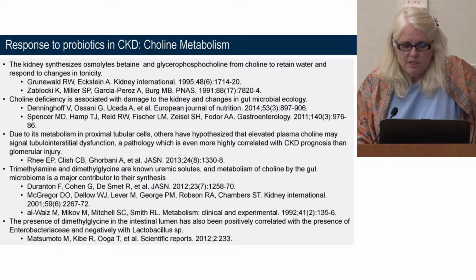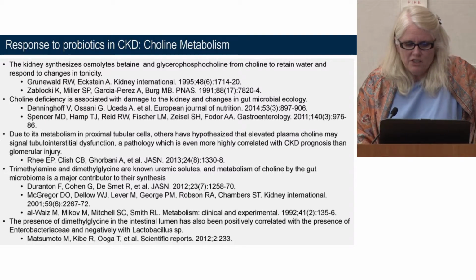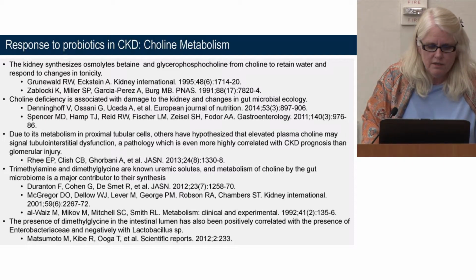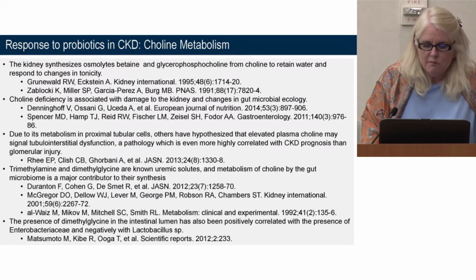Due to its metabolism in proximal tubular cells, others have hypothesized that elevated plasma choline may signal tubular interstitial dysfunction, a pathology which is even more highly correlated with chronic kidney prognosis than glomerular injury. Trimethylamine and dimethylglycine are known uremic solutes, and metabolism of choline by the gut microbiome is a major contributor to their synthesis.